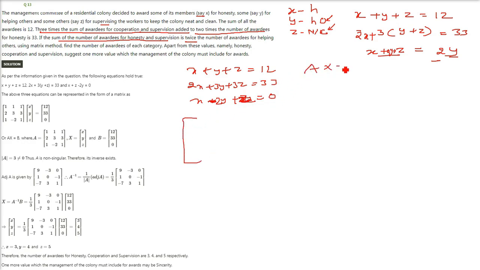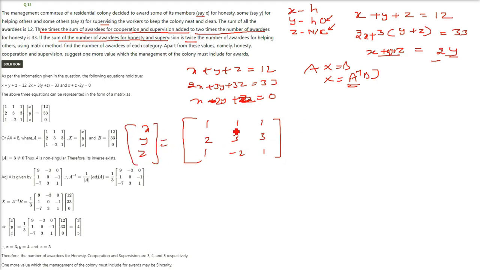So how to solve this? AX equals B, X will be equal to A inverse B. I'm taking the coefficients of x, y, z: 1, 1, 1, 2, 3, 3, 1, negative 2, 1. So this is your matrix.